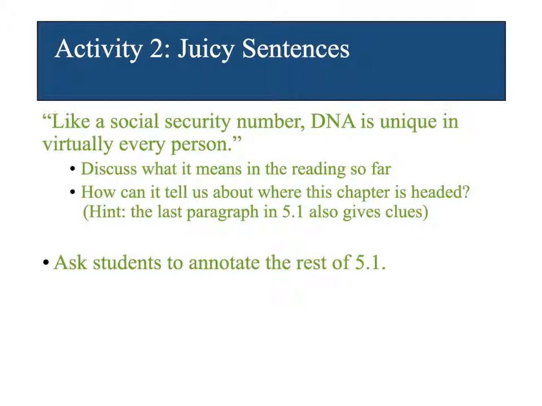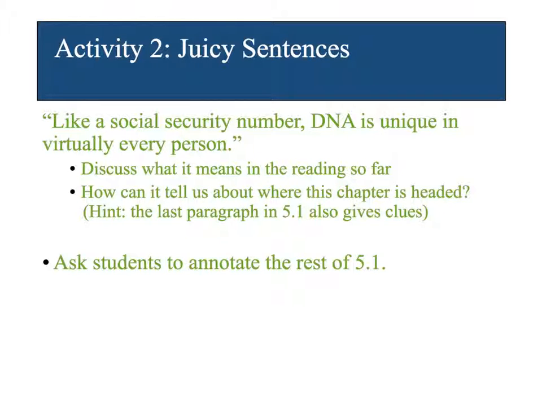We're also going to return to the juicy sentences that we used in Unit 1. So ask students to talk about this particular juicy sentence: "Like a social security number, DNA is unique in virtually every person." So talk about what does it mean in the reading so far, what can it tell us about where this chapter is headed, and in fact, the last paragraph in 5.1 gives them a lot of clues into that.